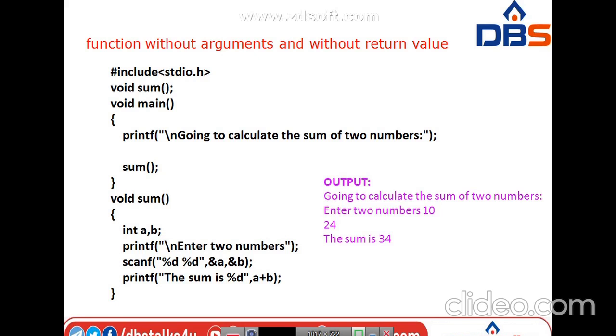Why? Because void will not return any value. Void is a data type that should not return any value. It means if I use void before the function name, I am not returning any value.